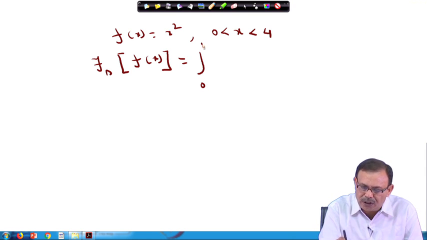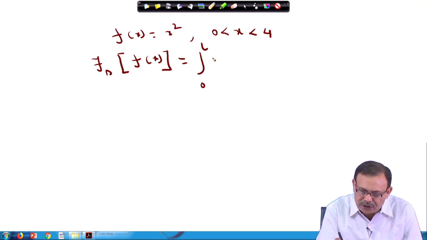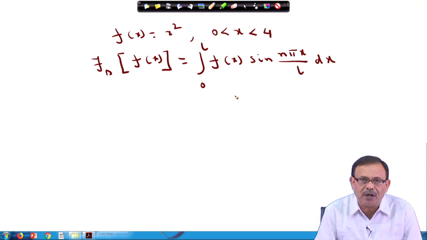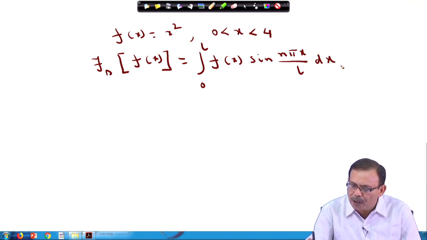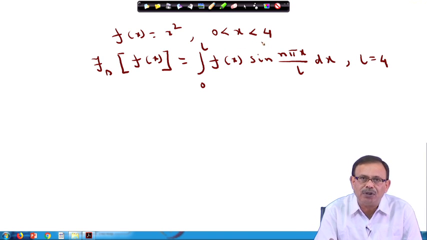From the definition, it equals the integral from 0 to L of f(x) into sin(n pi x by L) dx. Here f(x) is x square and L is 4, since the function is defined from 0 to 4.